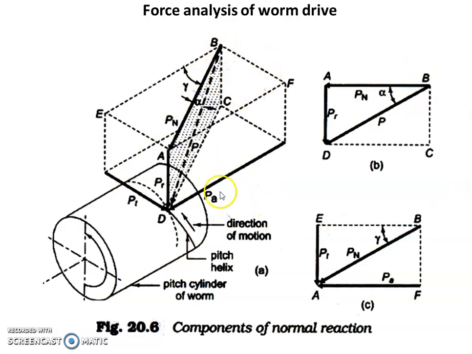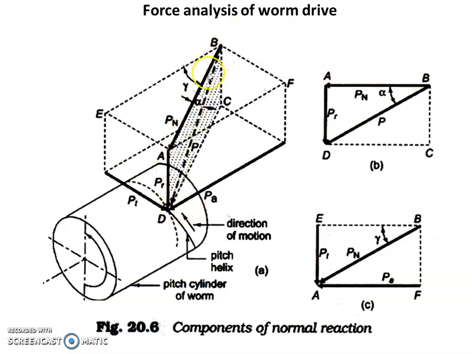So BD is the solid diagonal, and BD will be considered as the resultant of all the forces, that is axial, radial, as well as tangential components of force, out of which AB represents the resultant of axial and tangential, and AD represents the radial component of force. The resultant of the radial and normal components of force is considered to be P, which is the solid diagonal BD.